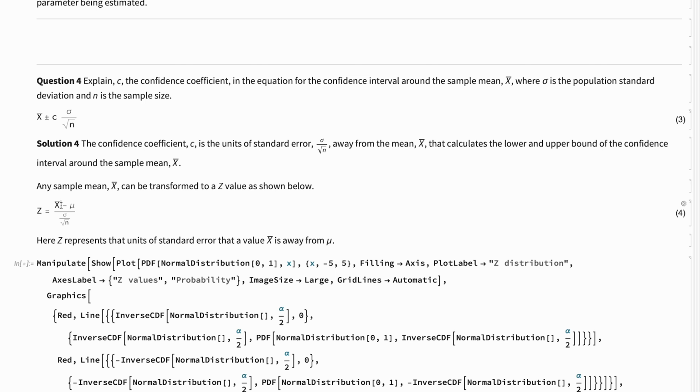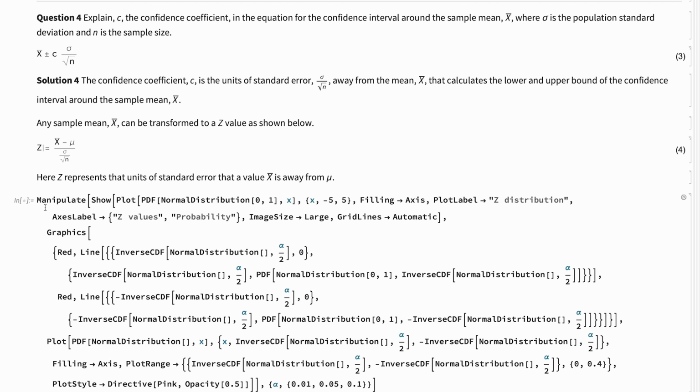I can standardize each of them by subtracting the population mean and dividing by the standard error. That tells me how far each possible x bar value is on that horizontal axis away from the population mean in units of standard error, and that is z. So z represents the units of standard error that a value x bar is away from mu.